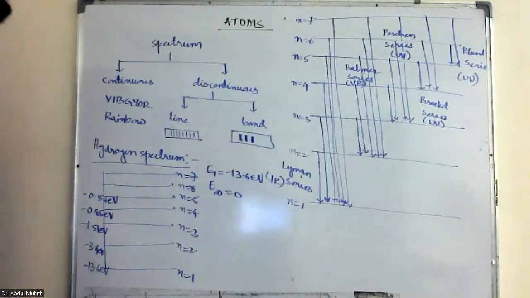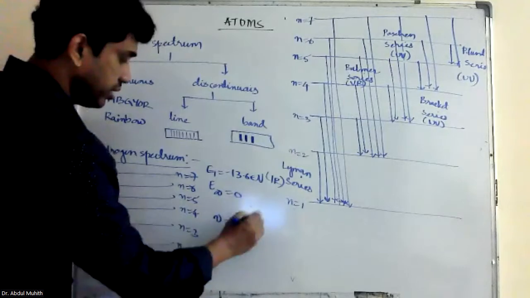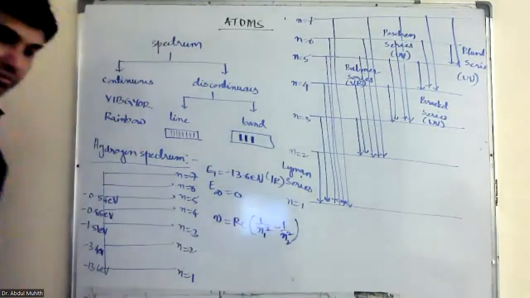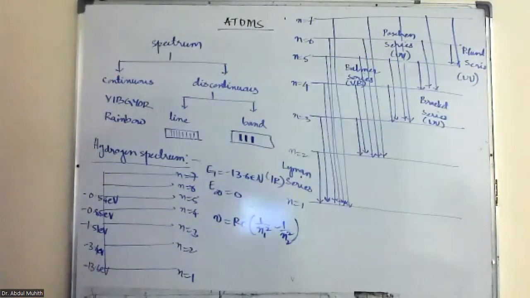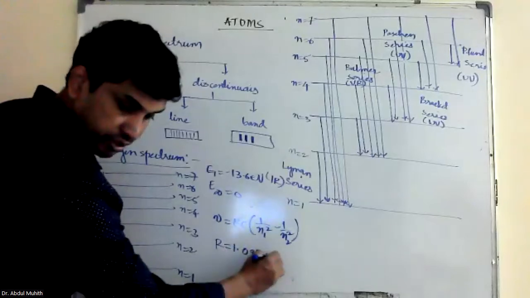Now I am writing the general formula. Nu is equal to R into C into 1 by n1 square minus 1 by n2 square. This is the general formula. R is the Rydberg constant, which is 1.097 into 10 to the power 7 per meter.